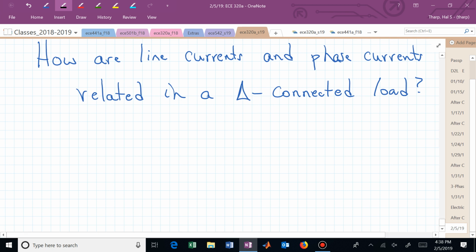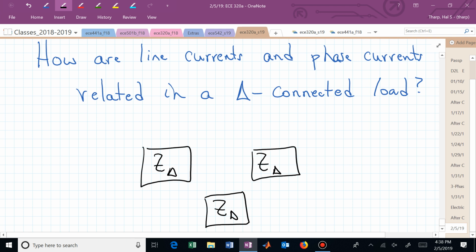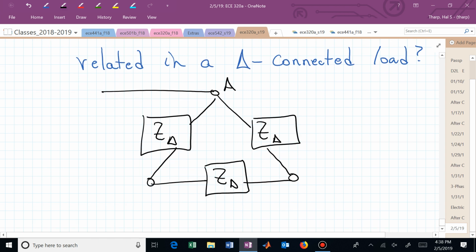Meaning, if I now have Z delta here, and Z delta here, and this is, let's say, my A terminal, here's my B terminal, here's my C terminal.